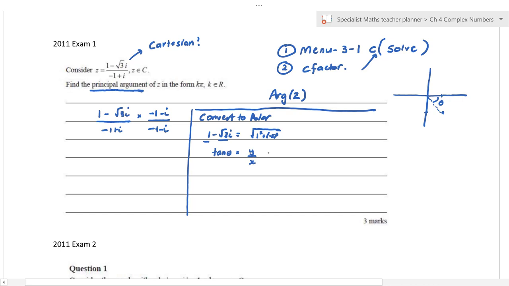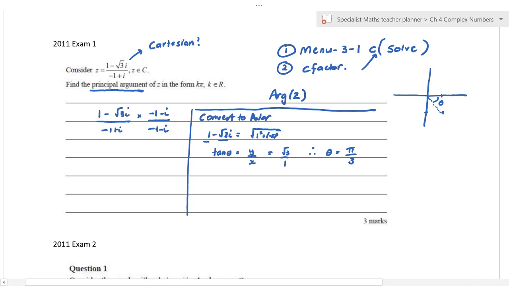So if tan theta is equal to root 3 over 1, then theta is equal to, well, where is tan theta equal to root 3? If I think about sine of 30 is a half, sine of 60, so it's pi on 3.